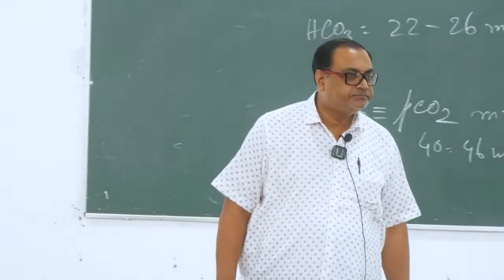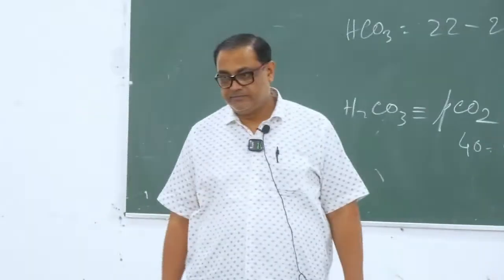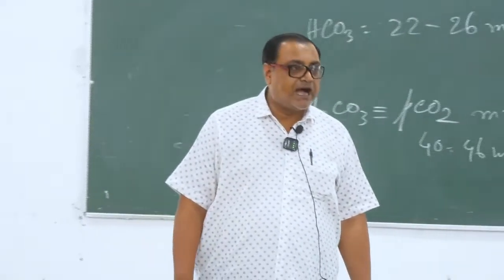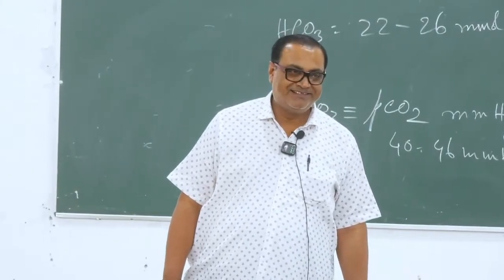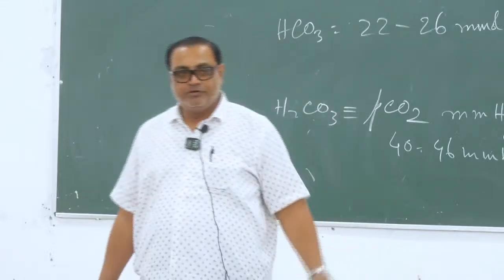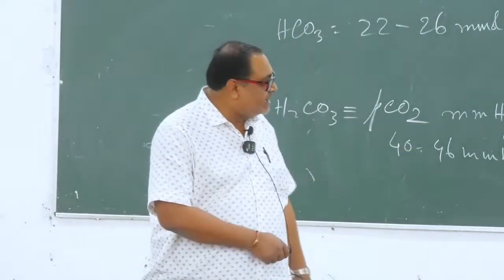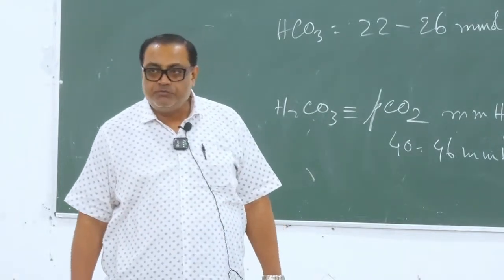Why? Histidine is a Lewis base. Bicarbonate is an Arrhenius base. Which one is stronger? So, in order to make H plus ion associated with hemoglobin, we need to remove bicarbonate.